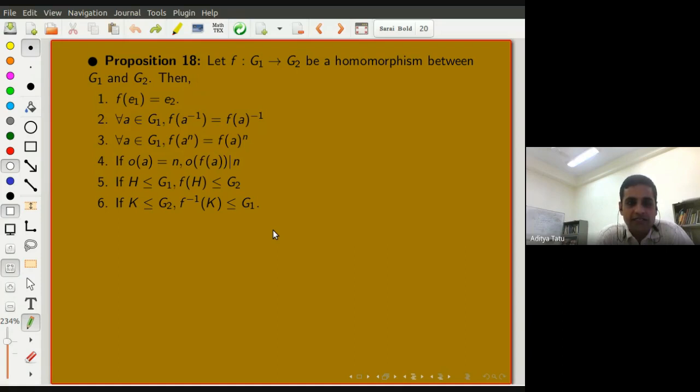And then if H is a subgroup of the domain group G1, then f of H, the image of H under f, will also be a subgroup of the group G2. And similarly, if K is a subgroup of my codomain group G2, then the inverse image of this subgroup K, denoted here by f inverse of K, should also be a subgroup of my domain group G1.